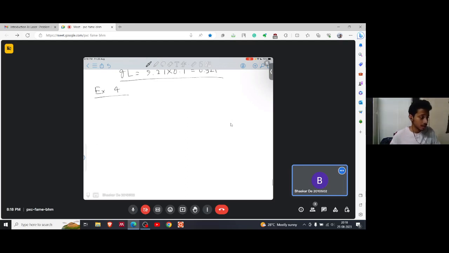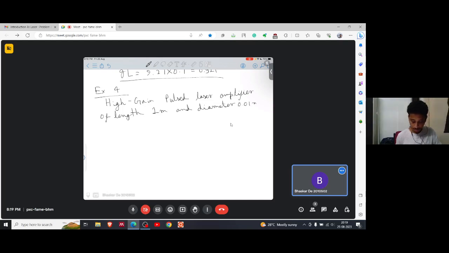So the problem is a high gain pulsed laser amplifier of length 1 meter and diameter 0.01 meter.